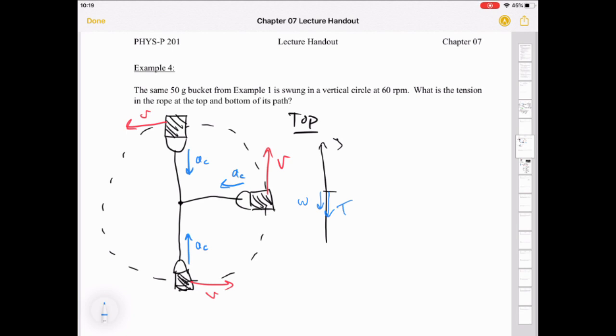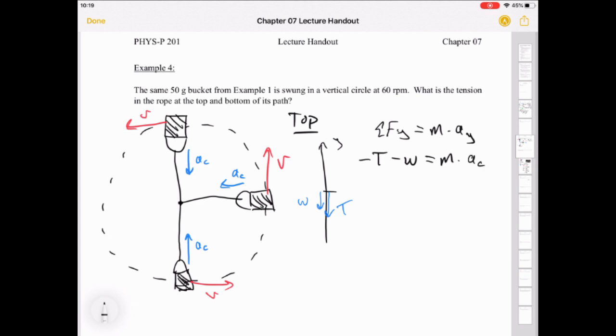Right, and I can now write Newton's second law for this. The sum of the forces in the y direction equals m times a sub y. Okay. So what are the forces? There's tension and there's weight, and they both act downward. So I'll say minus tension minus weight equals mass times centripetal acceleration.